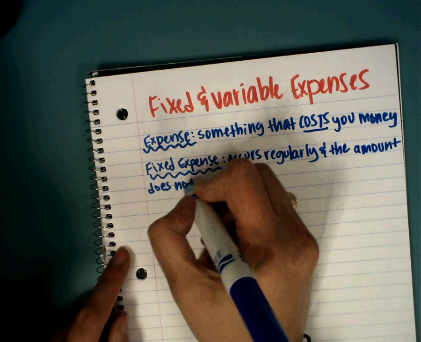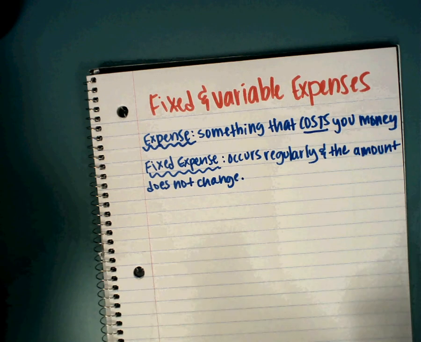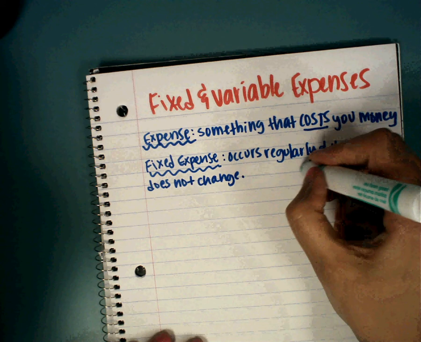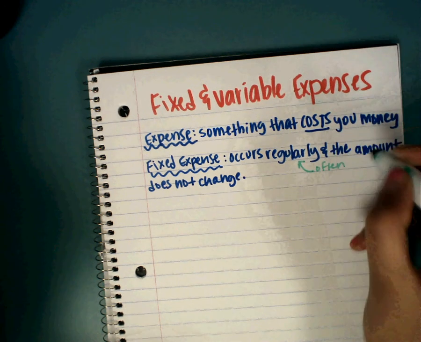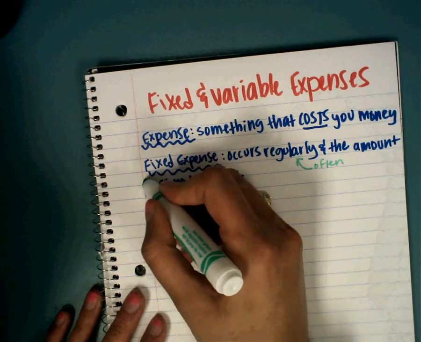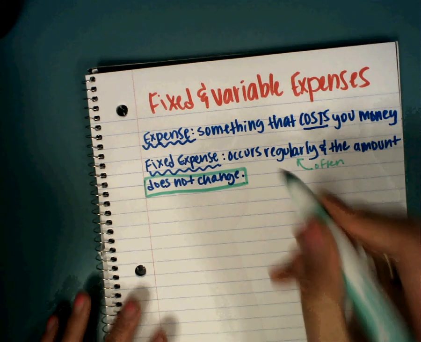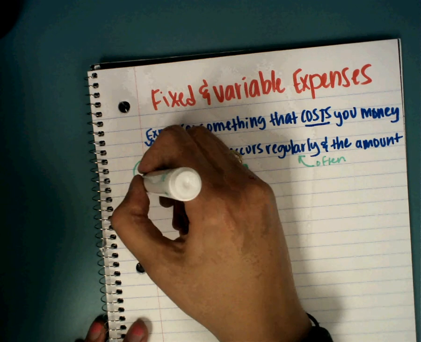Okay? Regularly means often. Okay? Often. And I want you to put a box around does not change. Fixed means does not change. Okay? Fixed means does not change.